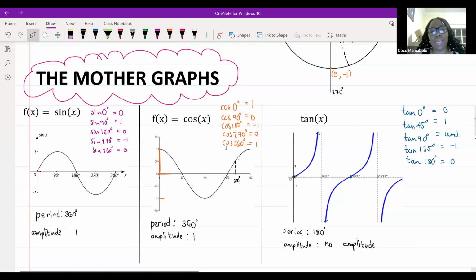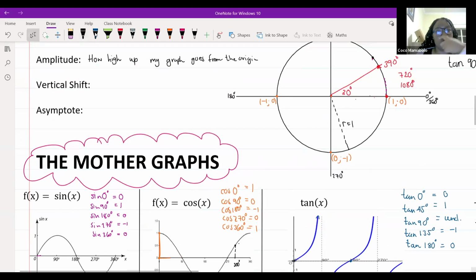So that is period and amplitude. Now, the vertical shift we will get to. I'm going to do vertical shift in Wednesday's lesson. The only graph of the 3 graphs that has an asymptote is the tan graph. Only tan has asymptotes, and tan has asymptotes at 90 degrees and at 270 degrees.